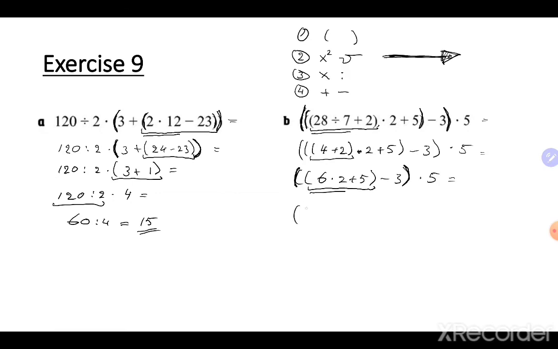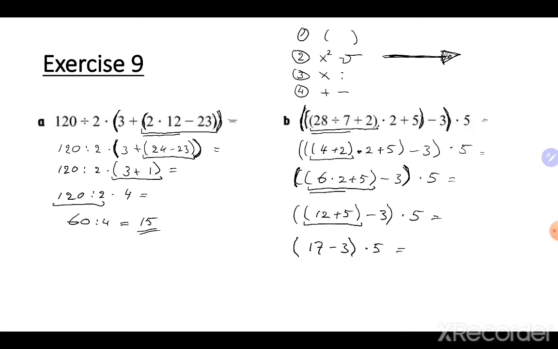So I'm gonna open the bracket, 6 times 2 is 12, 12 plus 5, and then minus 3, closing the brackets, times 5. 12 plus 5 is 17. So I'm gonna open it again. 12 plus 5 is 17 minus 3. So you can leave the brackets from 12 plus 5, and then times 5.